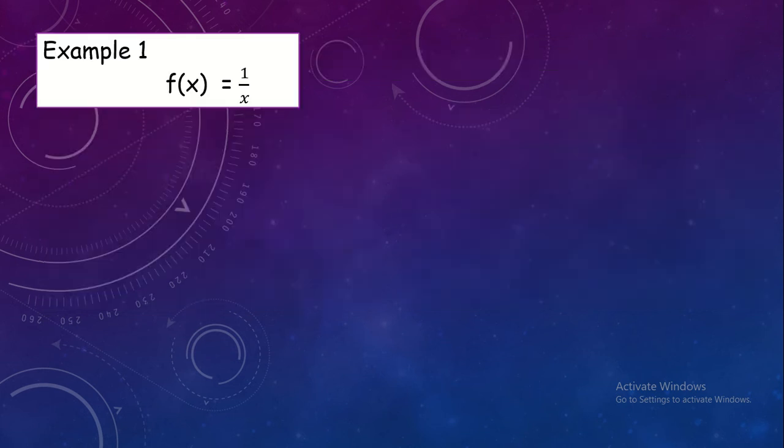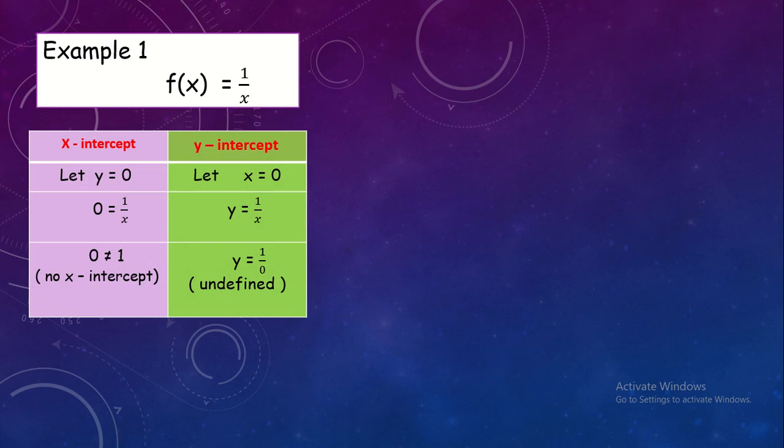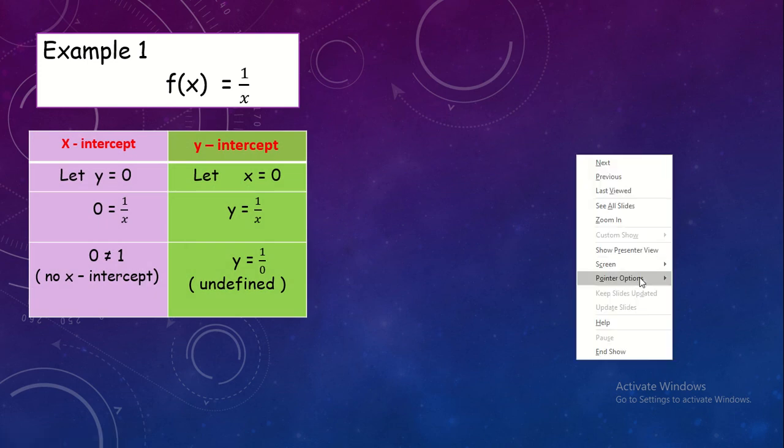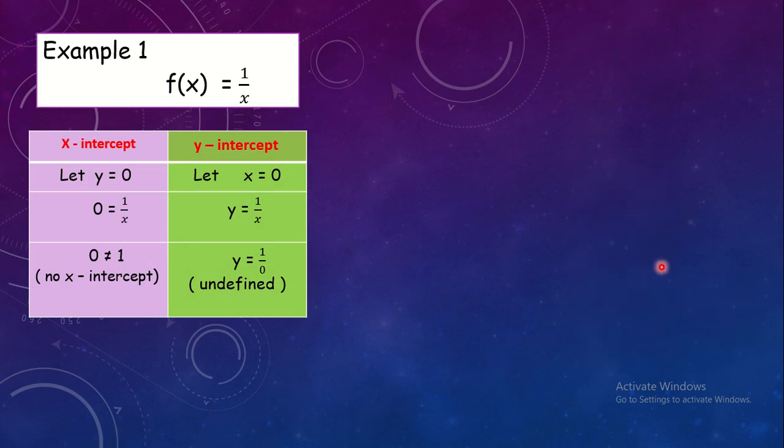f of x is equal to 1 over x. So we change the f of x again. Papalitan natin yung f of x ng y. Kaya magiging siyang y. And then sabi nga niya, kapag x-intercept, let y equal to 0. So 0 equals 1 over x. Okay?